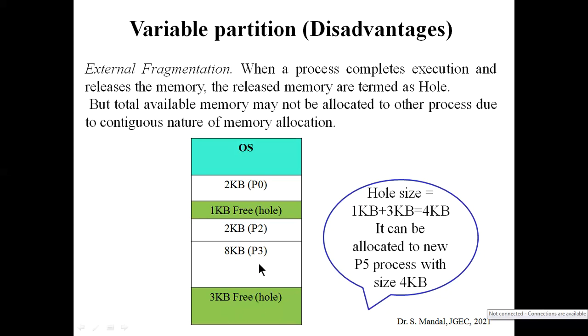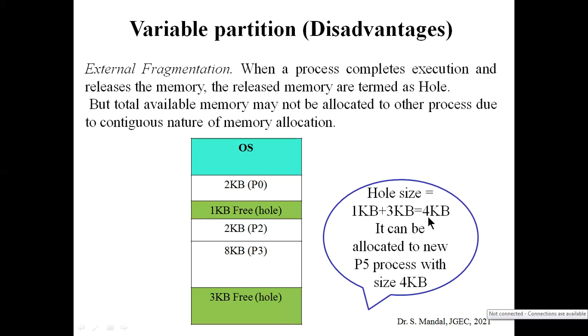Now the last process, P4, also completes its execution and releases 3 kilobyte. So there are two holes, one of 1 kilobyte and another of 3 kilobyte. The total available size is 4 kilobyte.